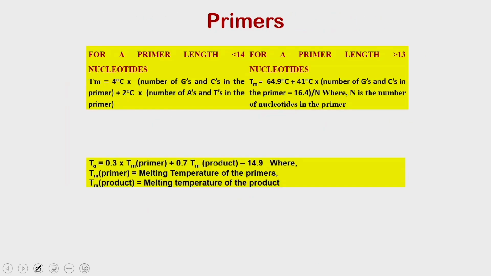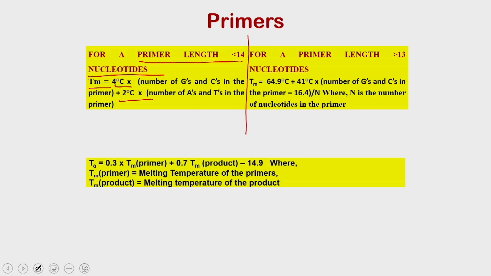For calculating the TM values, you have 2 formulas. You have the formula when the primer is less than 14 nucleotides. For the TM, you take 4 into the number of G and C in the primer plus 2 into the number of A and T in the primer, and that will give you the TM value.